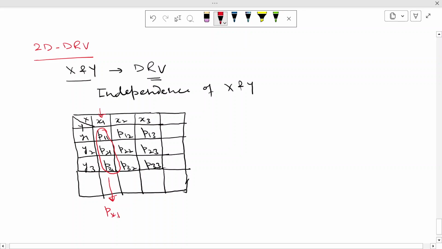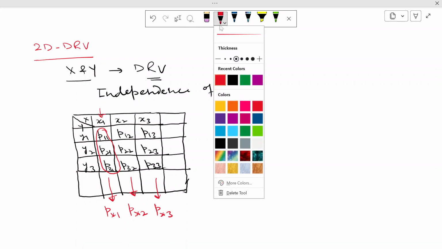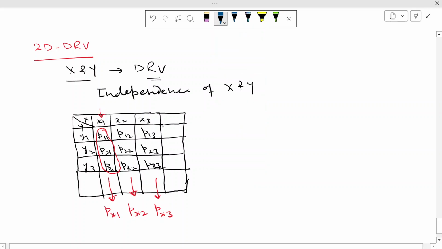p star 1. Why are we putting a star here? Because you can see that in this column the second suffix is fixed while the first suffix changes. Similarly we can obtain p star 2, and here we have p star 3. On the same line we can obtain the marginal probabilities for different values of y.